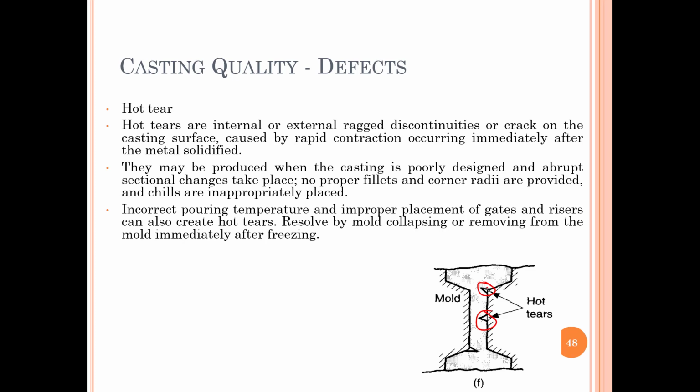They may be produced when the casting is poorly designed and abrupt sectional changes take place, no proper fillets and corner radius are provided, and chills are inappropriately placed. Incorrect pouring temperature and improper placement of gates and risers can also create hot tears. This is resolved by mold collapsing or removing the casting from the mold immediately after freezing.